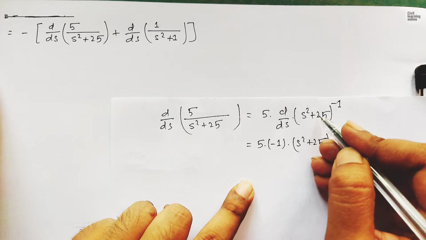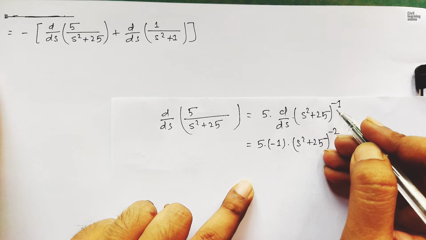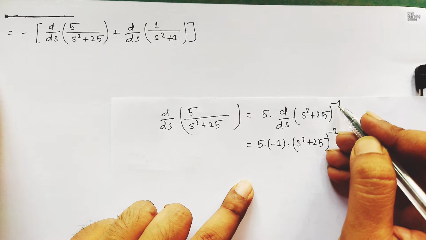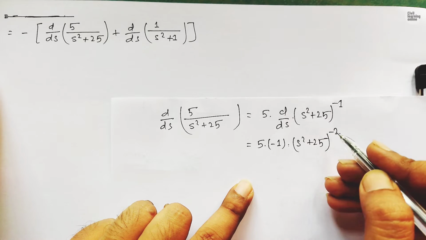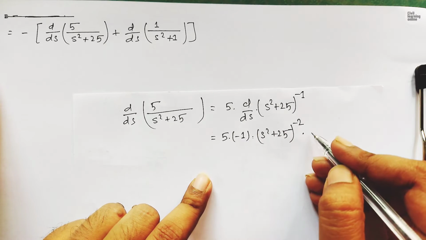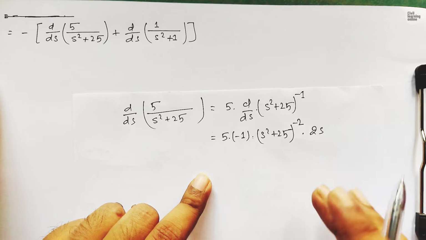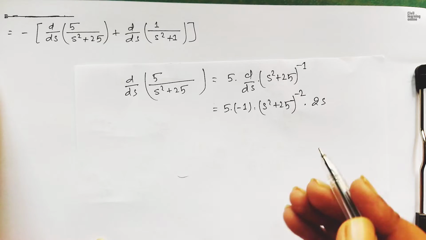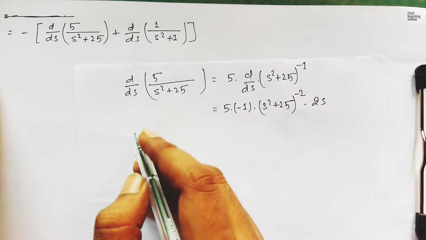What I did, this is in the form of x to the power n. So n times x to the power n minus 1. Minus 1 will get minus 2, and derivative of s square plus 25 will be 2s. Why this happened, I showed you in the earlier also.